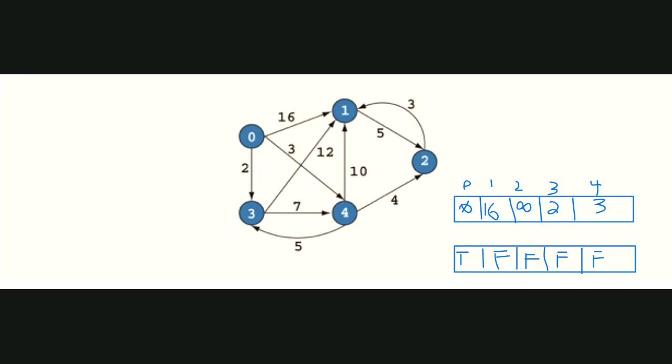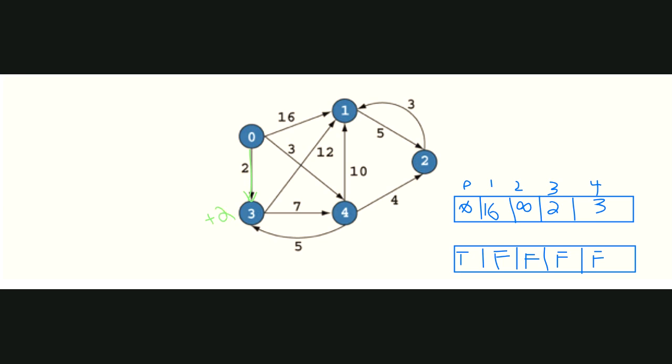We're going to go to the second round. So the second round, we're going to see what is going to be the lowest one here, right? So the lowest one is from 0 to 3. So that's going to be the shortest path for me. And so the weight here, when I get from 0 to 3, is going to be 2 already, right? So we already have plus 2 here.